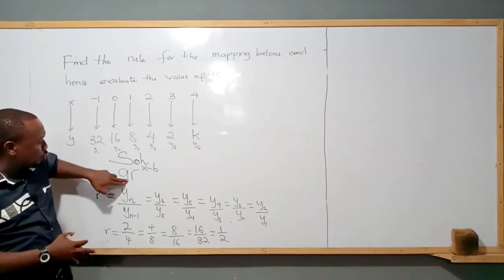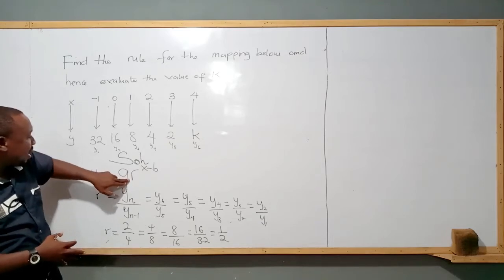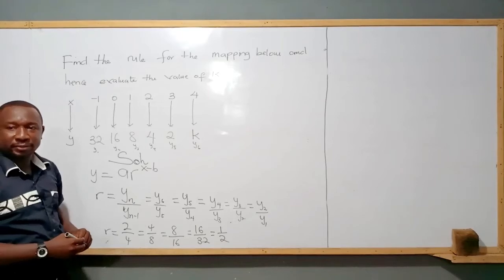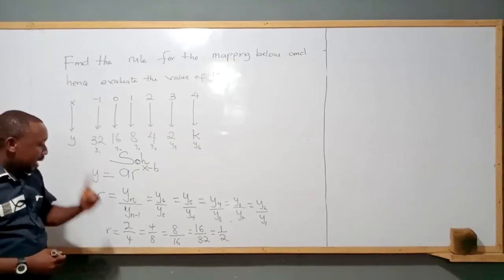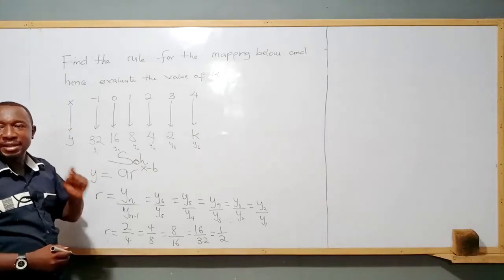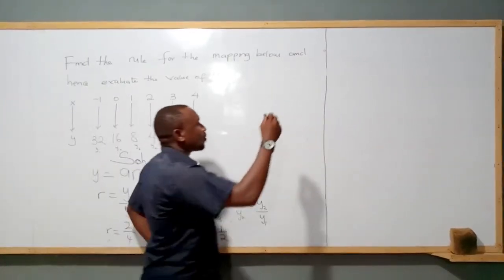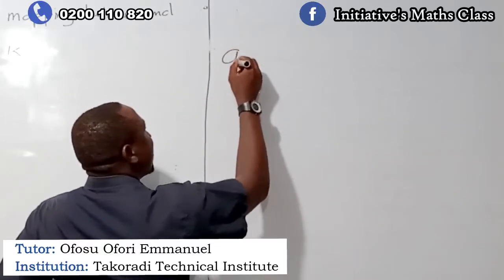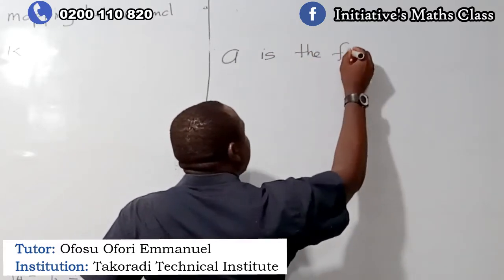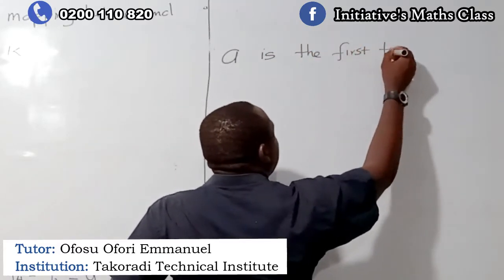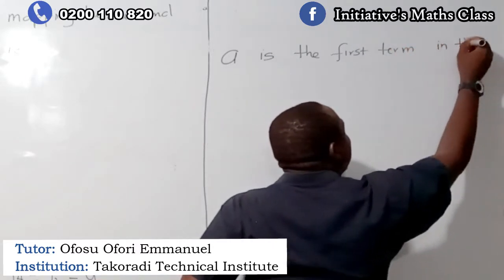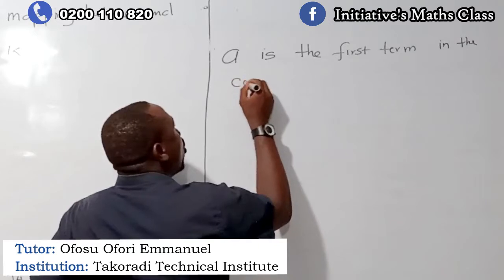Now, what do we mean here by the A? The A needs to be defined. A in here is the first term in the codomain.